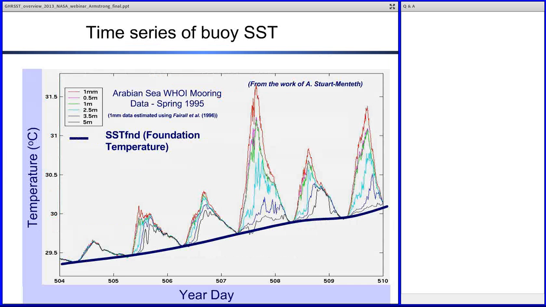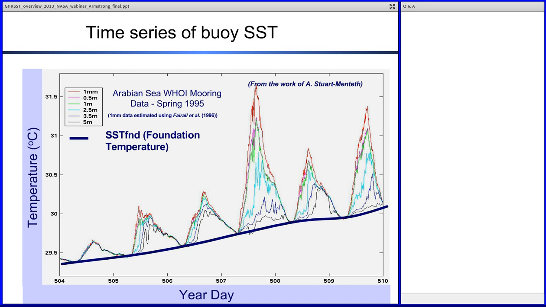This little time series is from a buoy in the Indian Ocean, taken many years ago, but it shows some of these issues of temperature representation throughout the day under strong diurnal conditions. What you see here are various temperature signatures at different depths at different times of the day, as measured from a moored buoy, all the way from 1 millimeter down to 5 meters.